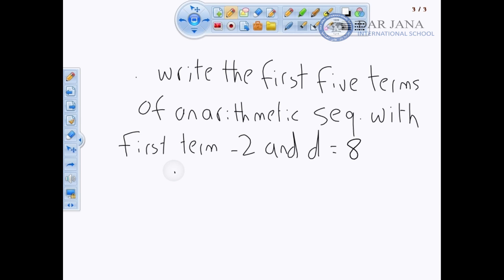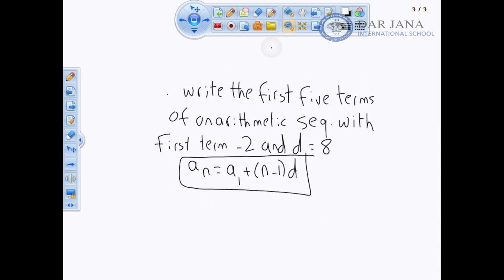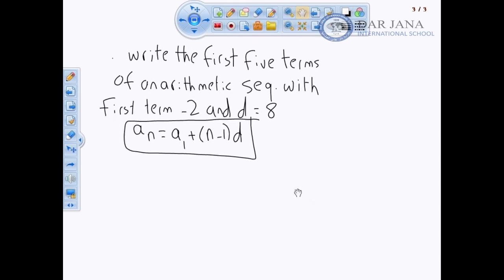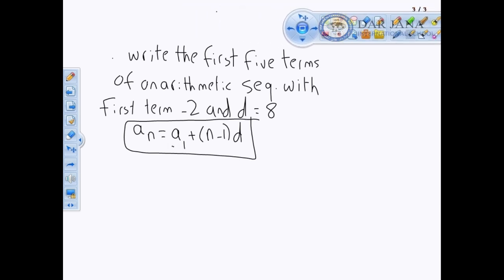You can have a rule: an is equal a1 plus n minus 1 times d as a rule here, and we can find any term if we have the first term here and we have a common difference.